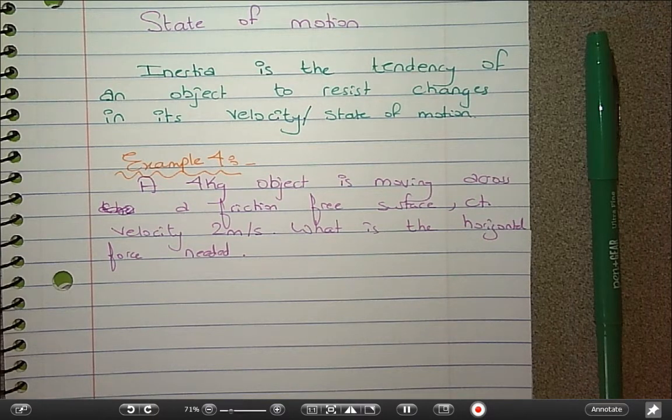When there is no friction, it's moving at a constant speed. So when it's moving at a constant speed, what's happening? That means the surface does not have friction on the object, so it does not need any force.